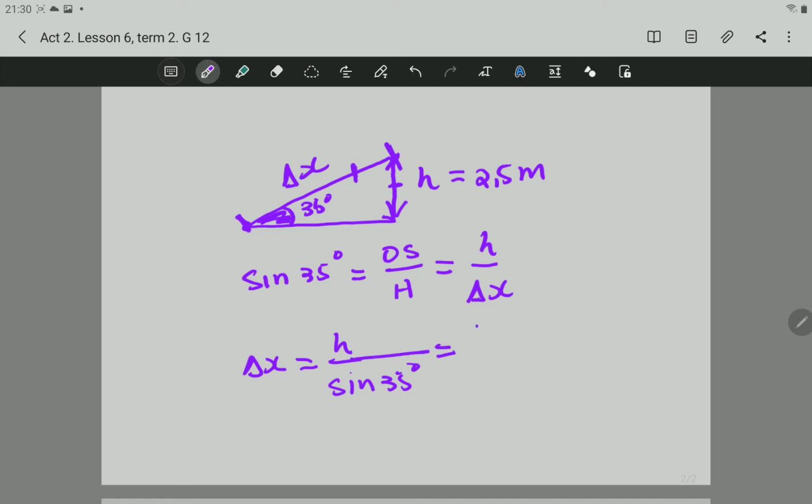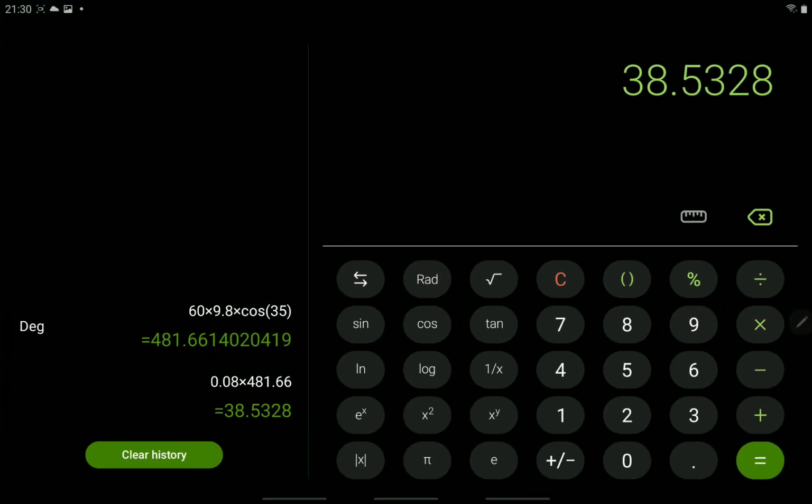Actually, this is 2,5 divided by sine of 35 degrees, and if you go to our calculator, it is 2,5 divided by the sine of 35 degrees.